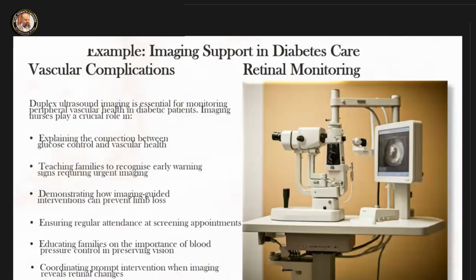Example of imaging support in diabetes care. Patients can have vascular complications because of diabetes, and retinal complications, eye complications, which are assessed by retinal monitoring. The duplex ultrasound, which is color Doppler ultrasound imaging, is essential for monitoring peripheral vascular health in diabetic patients.